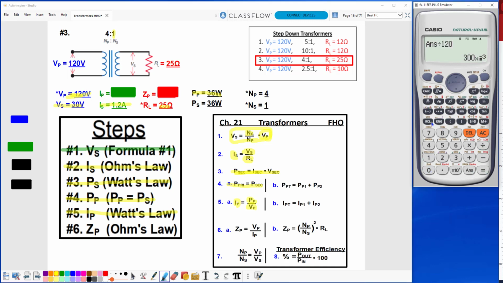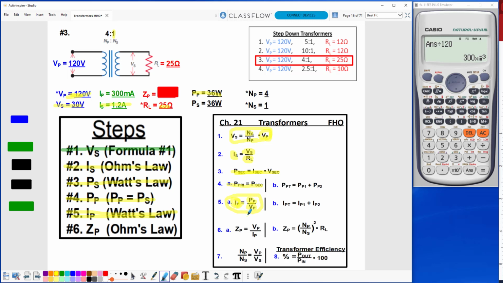It's going to give me a current of 300 milliamps. Primary current, 300 milliamps. That was step number 5, looking for primary current. And I used a rearrangement of the power formula to find it.